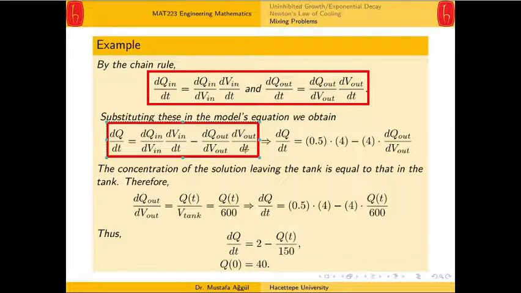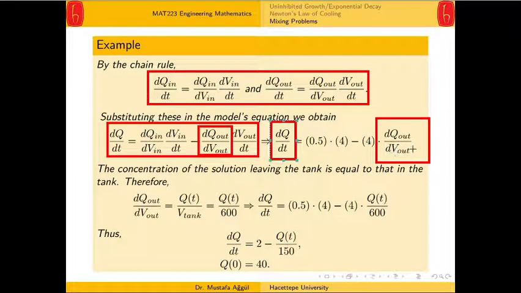Also dv_out/dt is known, and it's basically the same as dv_in/dt because they are the same, so 4 comes here, and we are left with this term here, dq_out/dv_out, and on the left hand side we have dq/dt remaining. Okay, the rest of the terms are already given.